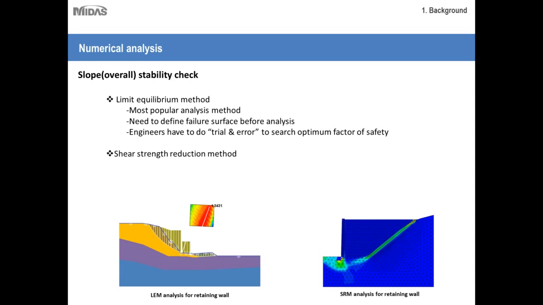SRM. So in this method, what we do is we create a finite element model for the slope or the soil, the backfill, the retaining structure, and if there is a retention system or reinforcement. And then the software or your program would continue to do the analysis by reducing the shear strength of all the layers in a subsequent manner.